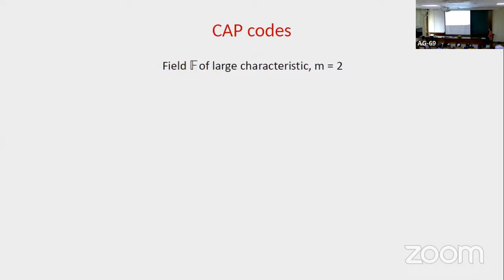Okay, so let me say what cap codes are. Suppose that you have a field of large characteristic, how large? Larger than the degree of the polynomial, so larger than t, and m is equal to 2. So I'm only going to consider m equals 2. Let me define the set S sub k, which is the set of pairs of points (i, j), so that i is between 0 and k, j is between 0 and k, and the sum of i and j is at most k.